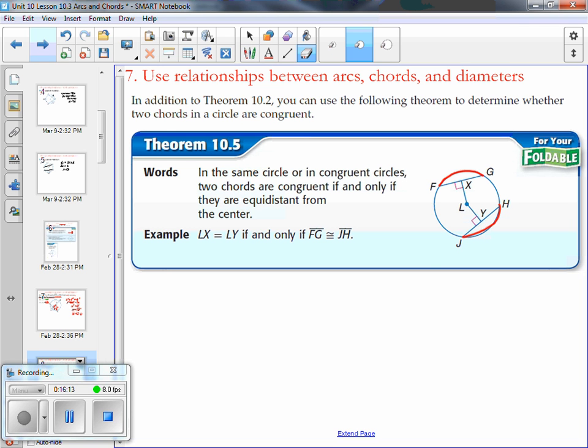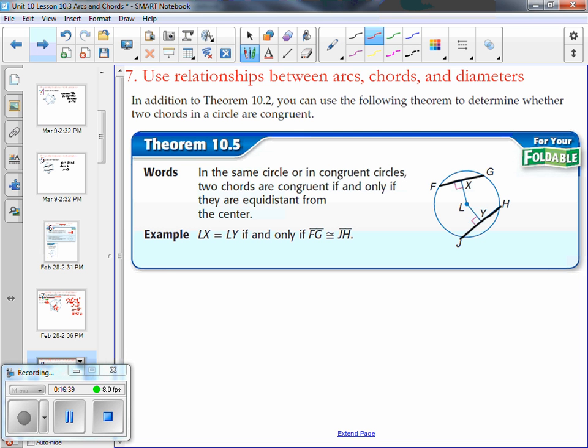Here's a new way to tell if two chords are congruent, and it's this. In the same circle, or in congruent circles, two chords are congruent if and only if they are equidistant from the center. So, segment FG and segment JH are congruent if and only if they're equidistant from the center.